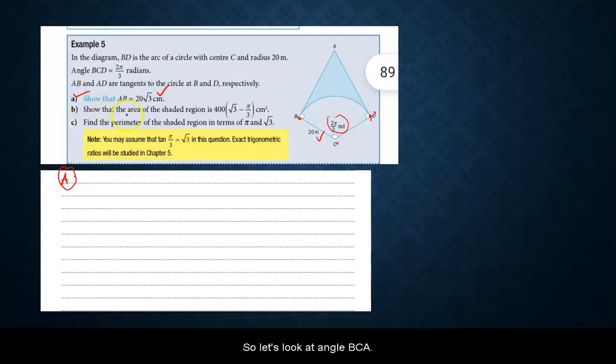So let's look at angle BCA. Angle BCA will be pi over 3.